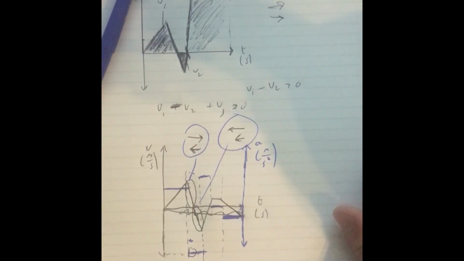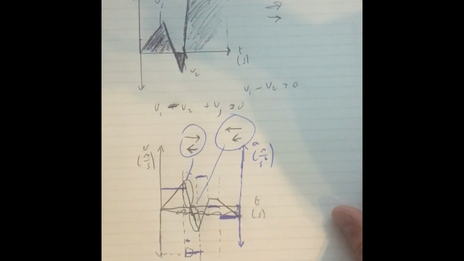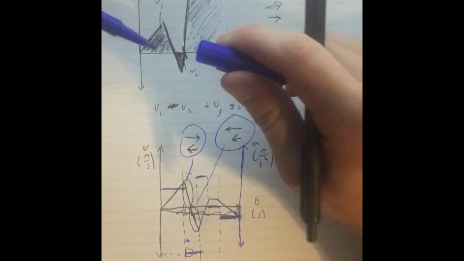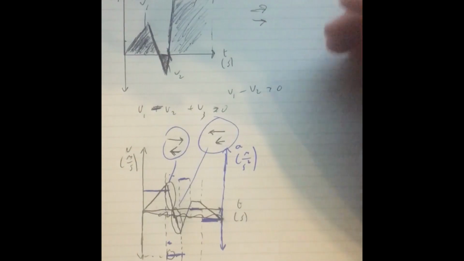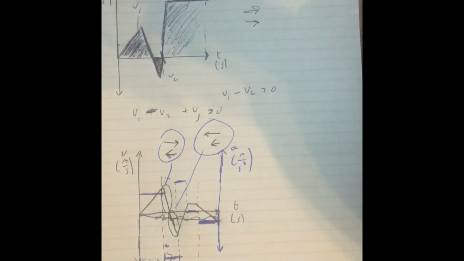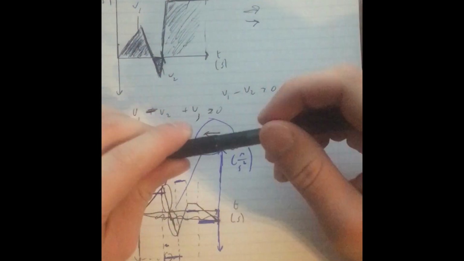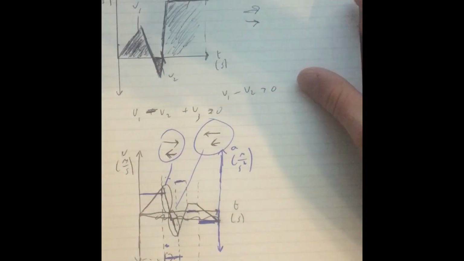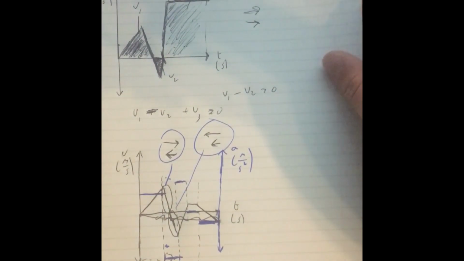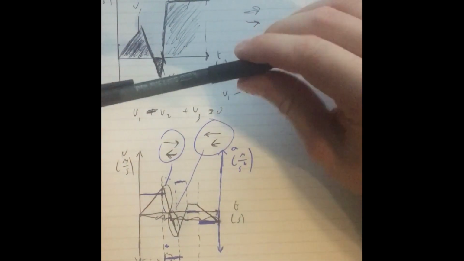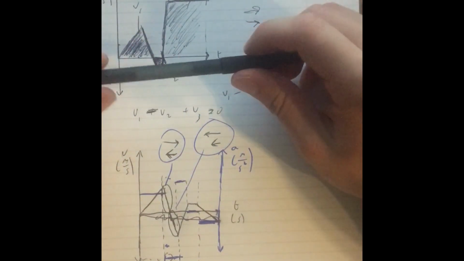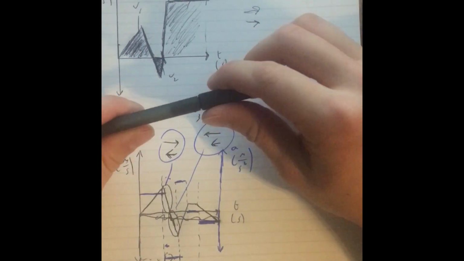Now that we've covered that, we should talk about acceleration due to gravity. Acceleration due to gravity on planet Earth is 9.8 meters per second squared. In AP Physics, 10 meters per second squared is often an acceptable approximation, unless stated otherwise.